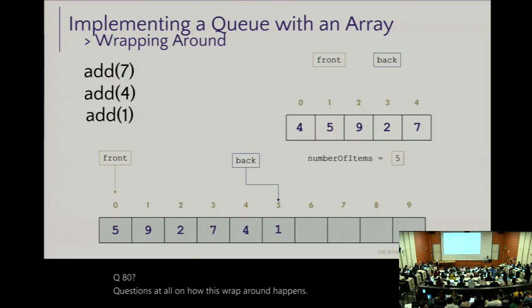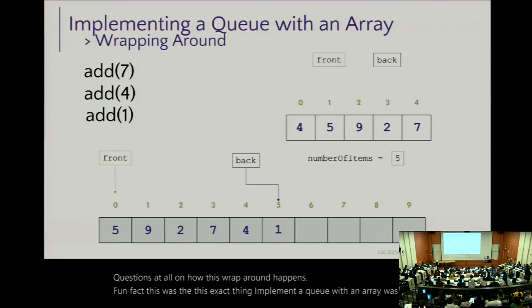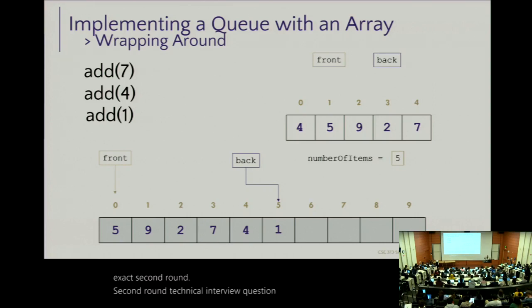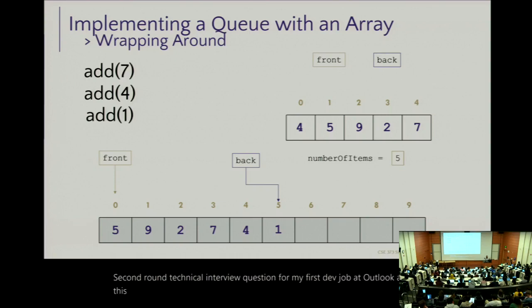Fun fact, this exact thing, implement a queue with an array, was the exact second round technical interview question for my first dev job at Outlook. And this question was specifically from the man that was going to become my first ever real dev lead. We joke about it to this day because we're still pretty close. And boy, did I bomb this, y'all.